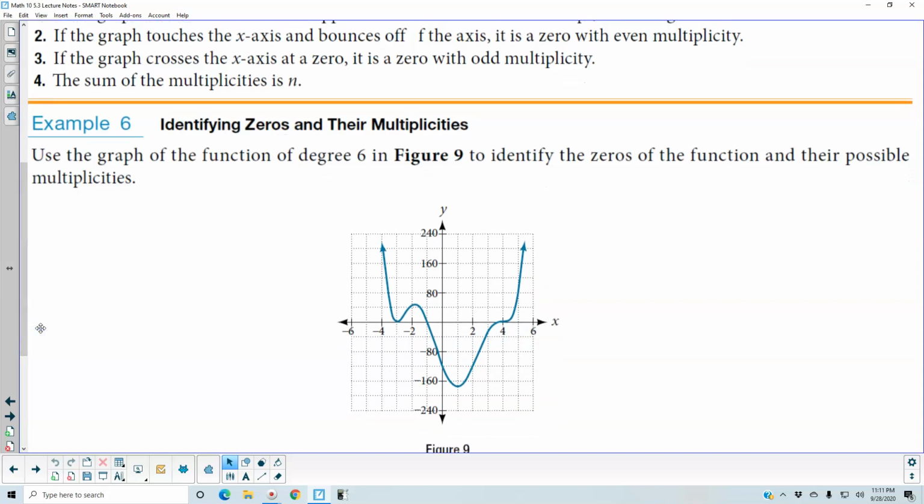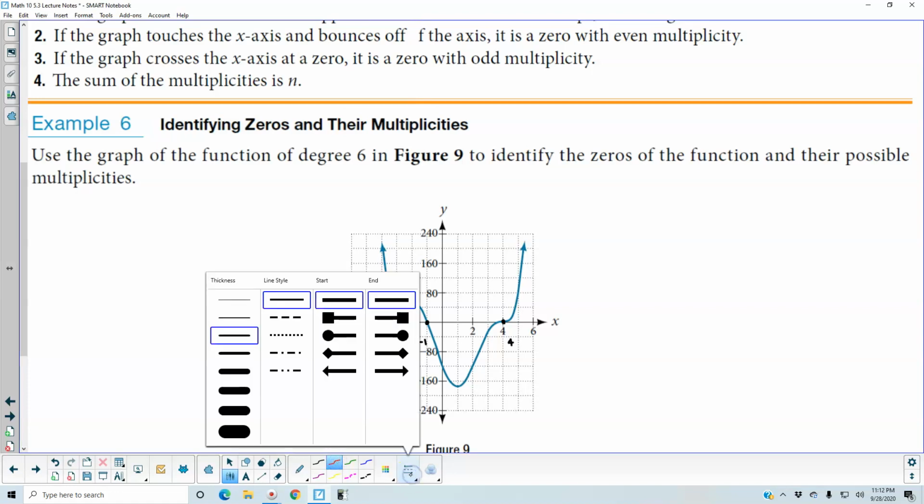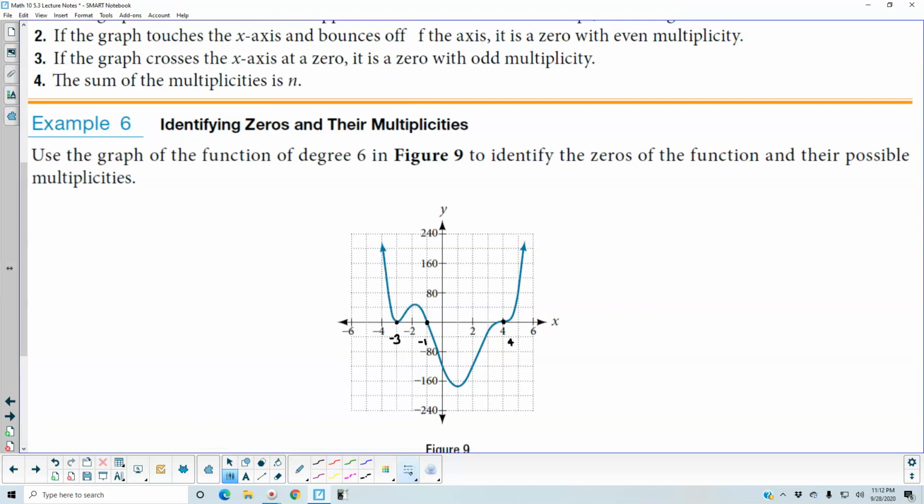So first, let's identify the zeros of the function, or we call them x-intercepts. Here we have an x-intercept located at -3. We have another one here at -1, and then we have another one here at +4. If we look at the first x-intercept, it's bouncing off that x-intercept at -3.